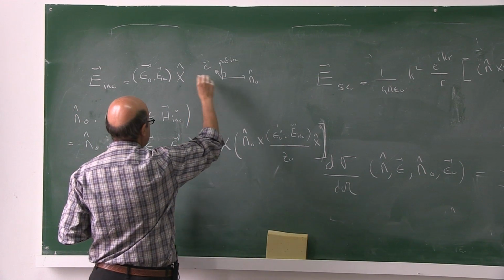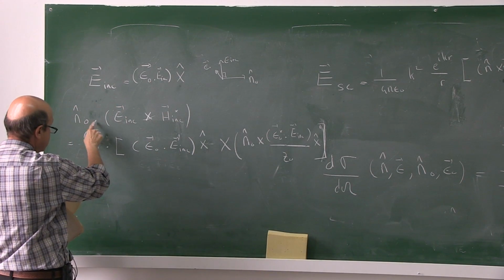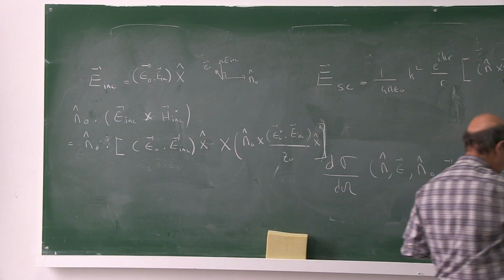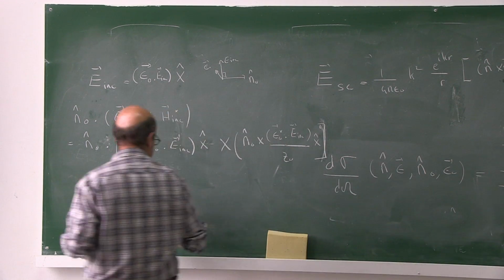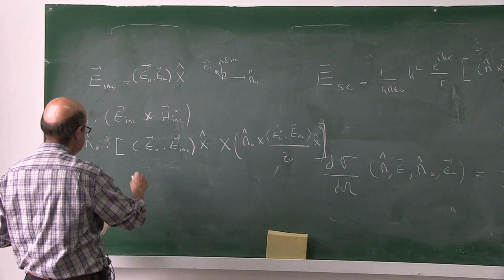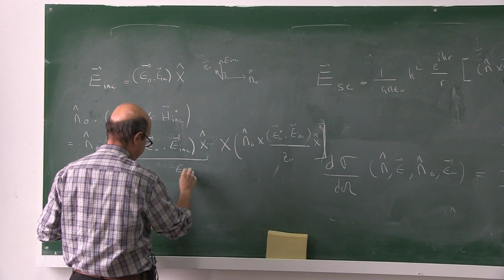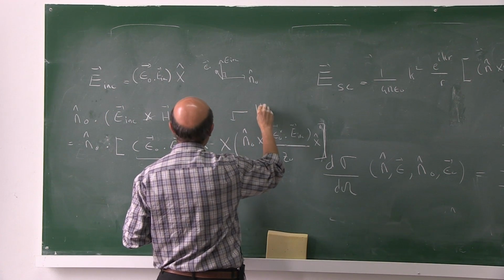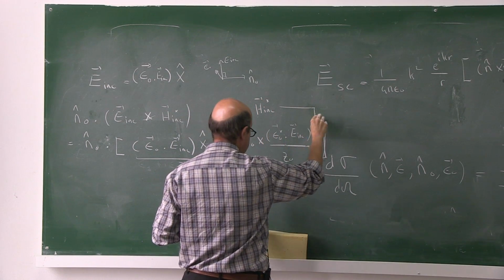So it has some direction x hat, and n0 dot E incident cross H incident, which we needed in the definition of the scattering cross-section per solid angle. And I write that the E incident, and I write that the H incident complex conjugate.